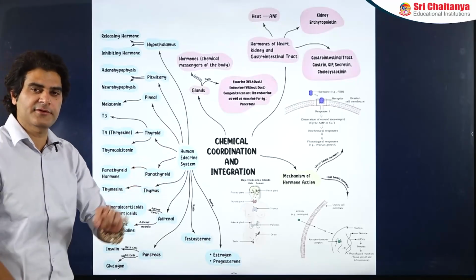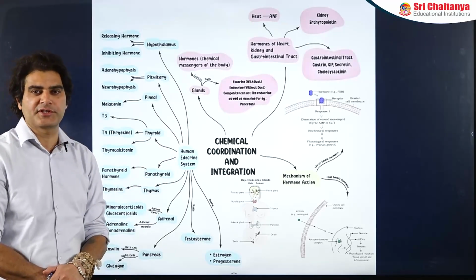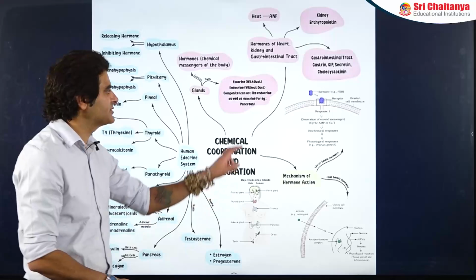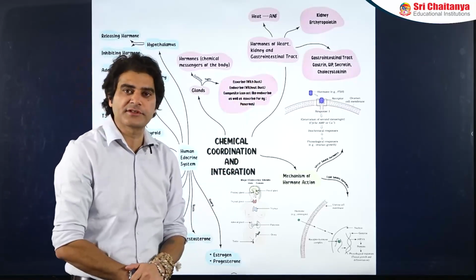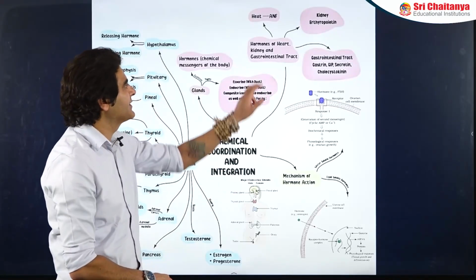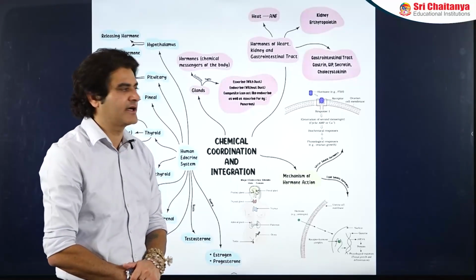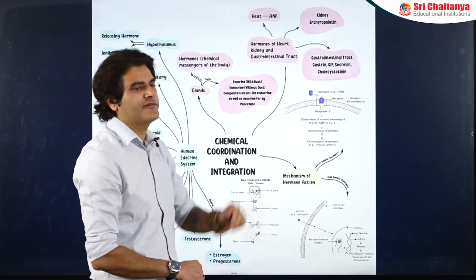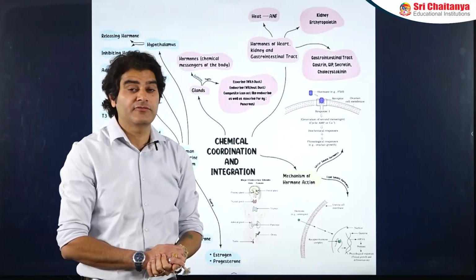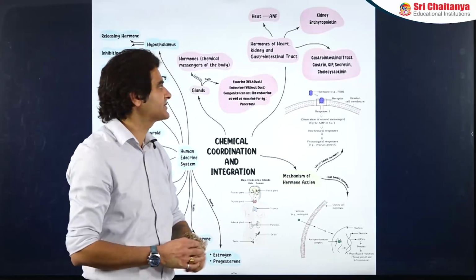However, they are not the only tissues which can produce hormones. There are other tissues in the body that are hormone producing, but they are not endocrine glands. They include heart, kidneys, and the gastrointestinal tract. The heart produces ANF, atrial natriuretic factor, which plays an important role in the excretory system.